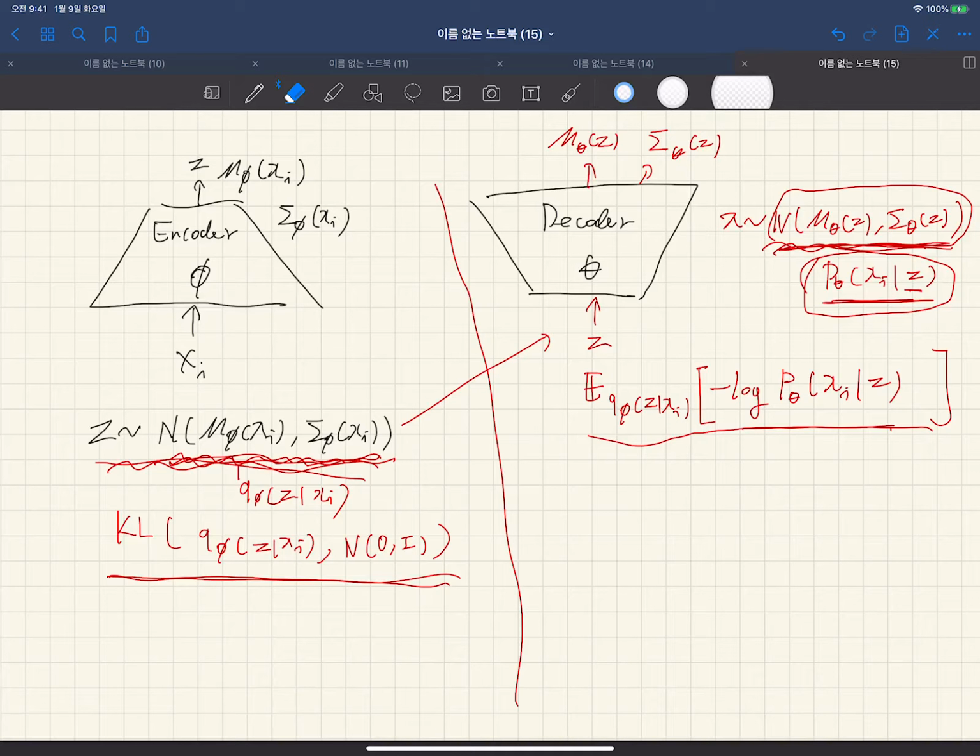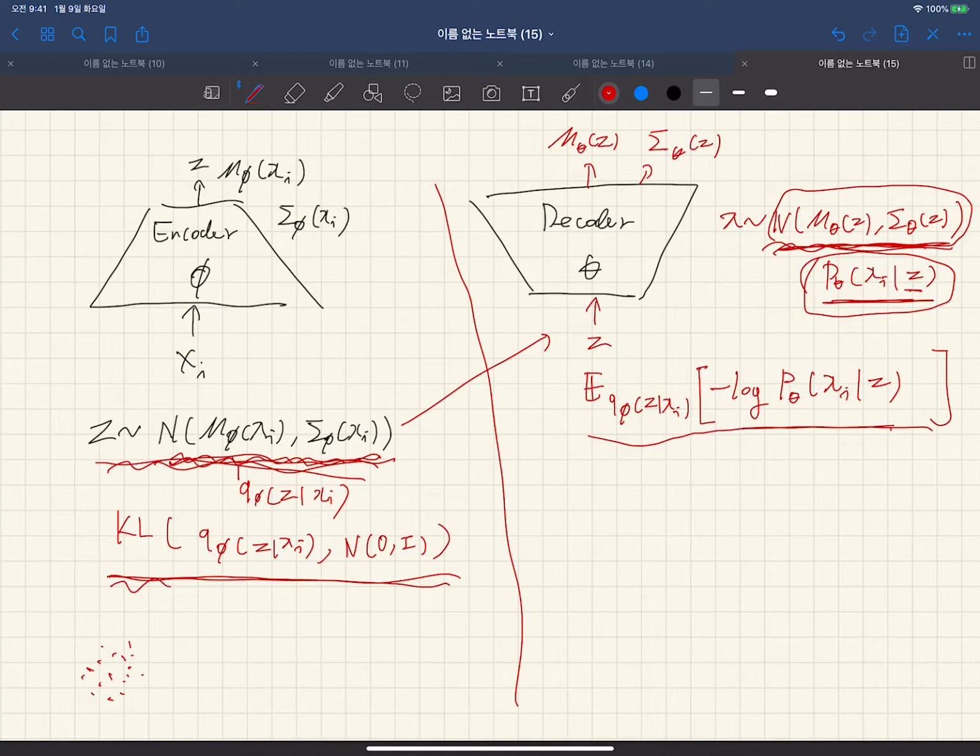But this is a little bit weird because we want to make all the latent variables. So we want to make the distribution of all latent vectors follow normal distribution.